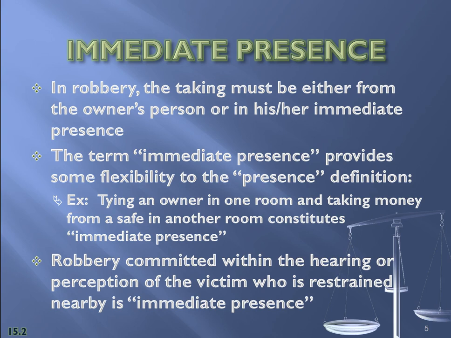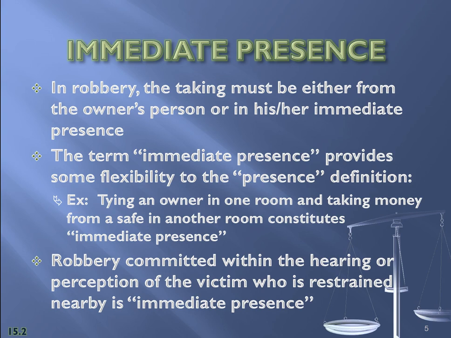Well, what does that mean? Because the code talks about from the person or immediate presence. Well, in robbery, the taking must be either from the owner's person or his or her immediate presence. Now, the term immediate presence provides some flexibility to the definition of presence. So an example, tying an owner in one room and taking the money from a safe in another constitutes immediate presence.